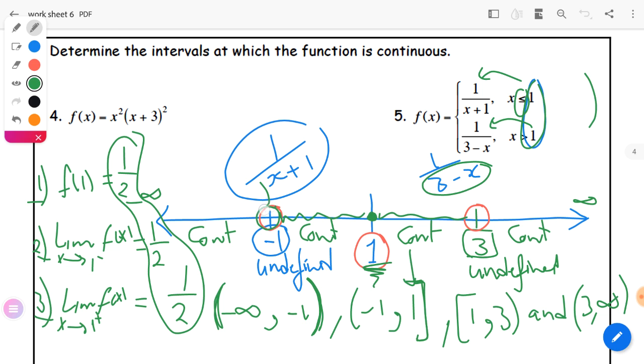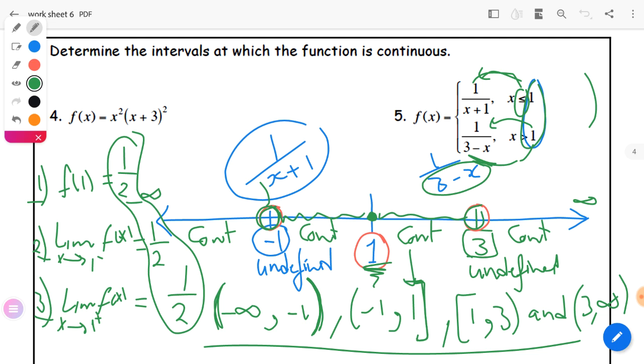I have an open circle at it, because the function is discontinuous at negative 1 and discontinuous at 3. Why? Because the function is undefined at negative 1; if we replace negative 1 here, it will be undefined. If we replace by 3 here, it will be undefined. So that is the interval on which the function is continuous.